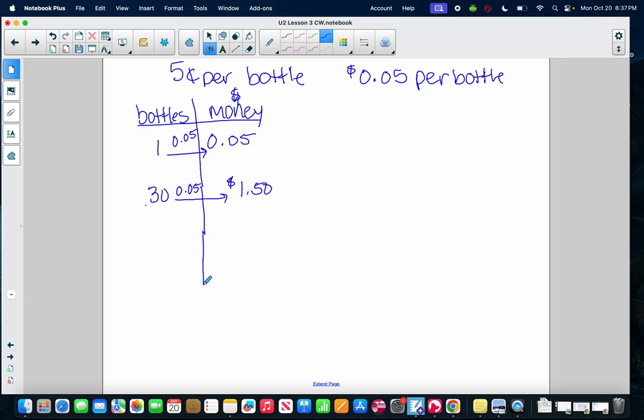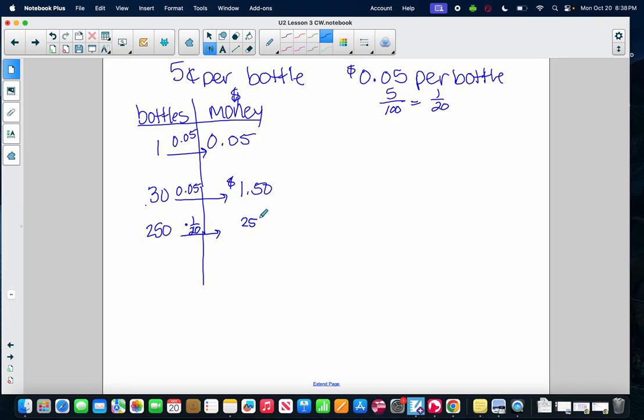How much would 250 bottles be worth? Another way of thinking about this, 5 cents is 5/100ths, which is 1/20th. So I could think of it as multiplying by 1/20th as well.